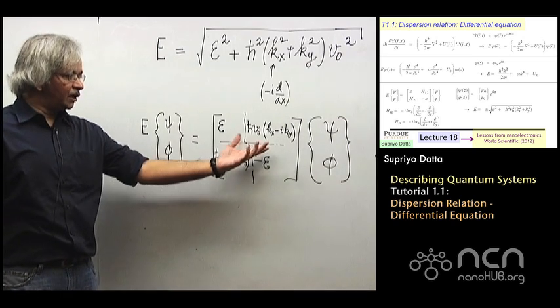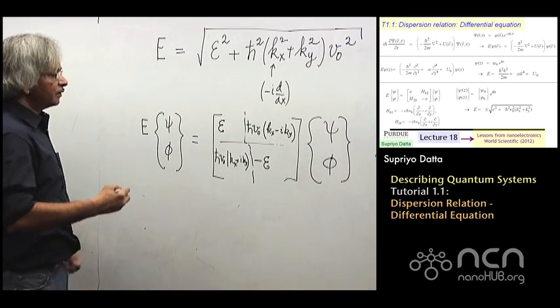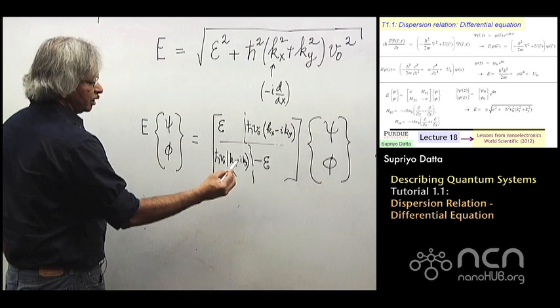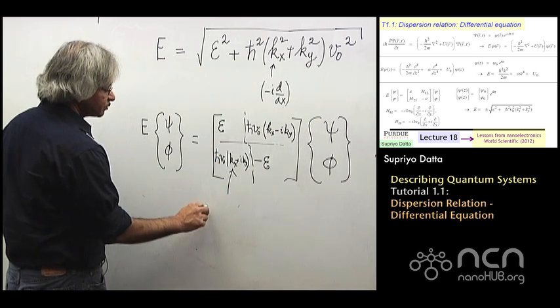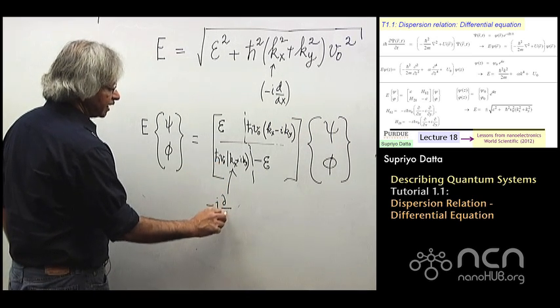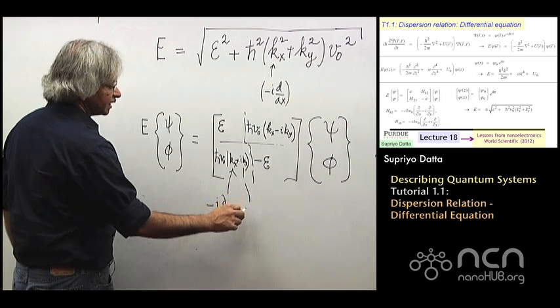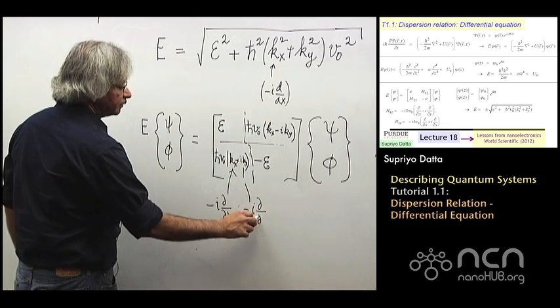And this kx and ky would be replaced by your usual prescription. Namely, what is kx? Well, it is minus i d/dx. What is ky? Well, that's minus i d/dy.